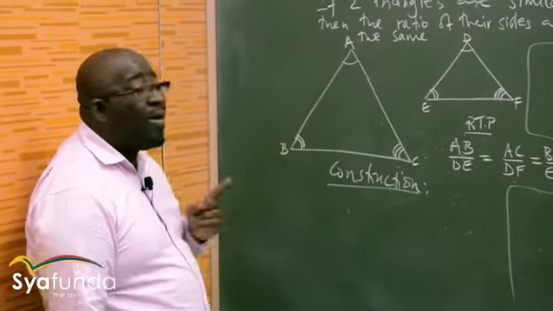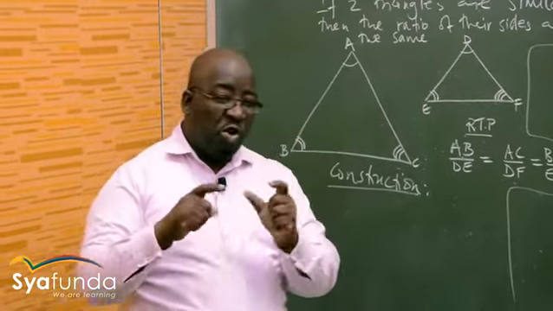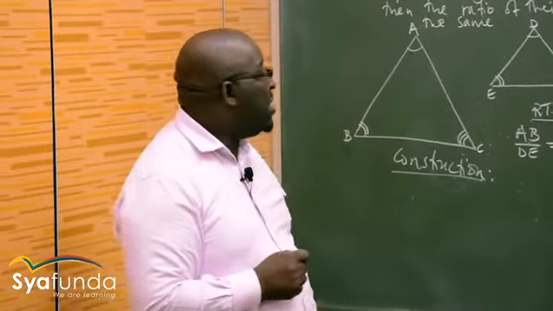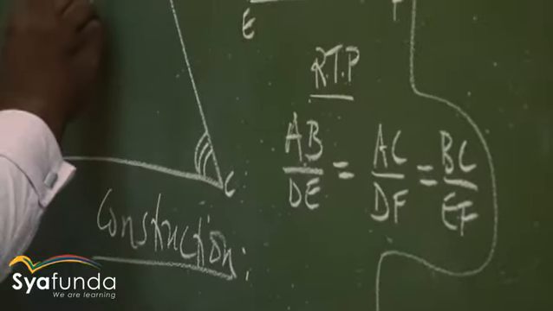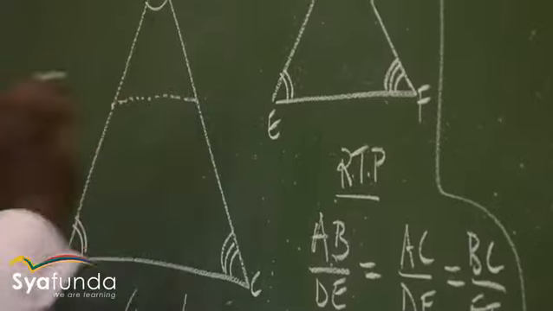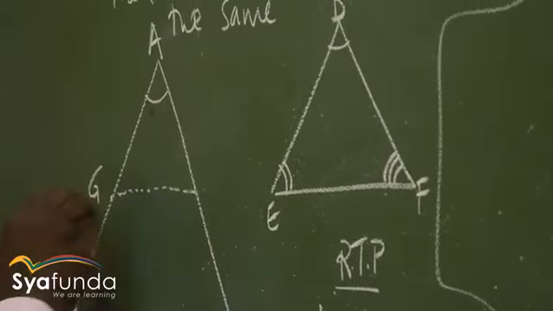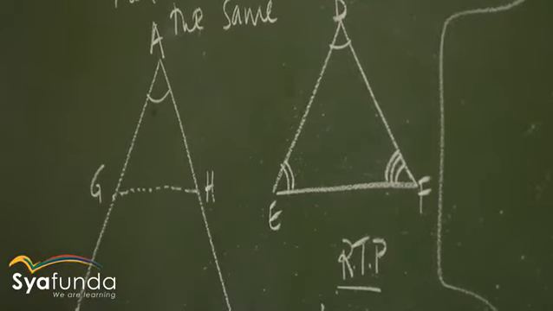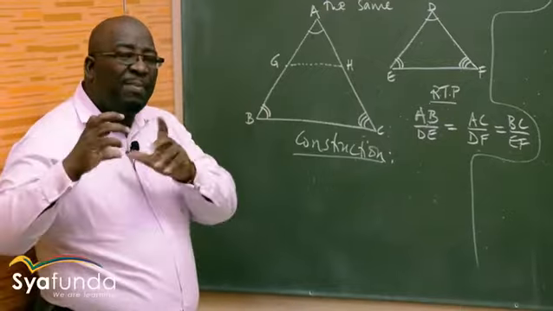Let's do our construction. Construction here becomes very important. Once you do your construction right, the whole problem will be easy. Let's construct this line here. Let's give it a name. I've got F, let's call it GH. We are constructing a line GH, but you construct it in a particular way.